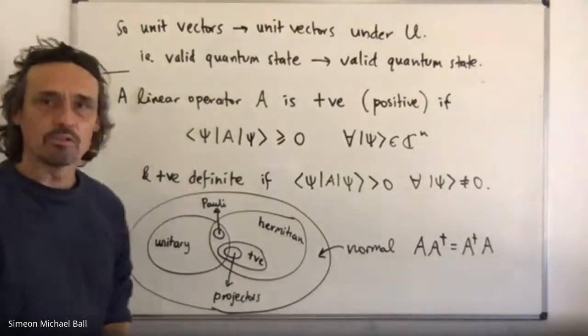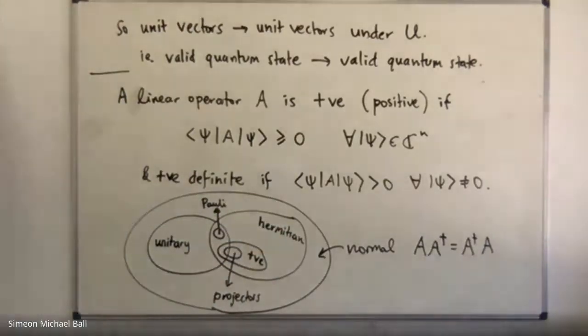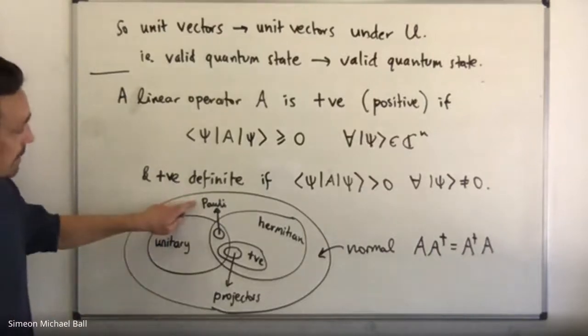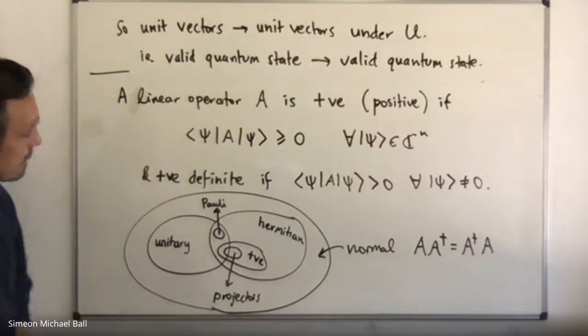Okay, so this applies to all of them. I think that's right. Yeah, so a Pauli cannot be a projector. And the Paulis have plus and minus 1 eigenvalues, so they can't be positive. Yeah, so I think so. Good.